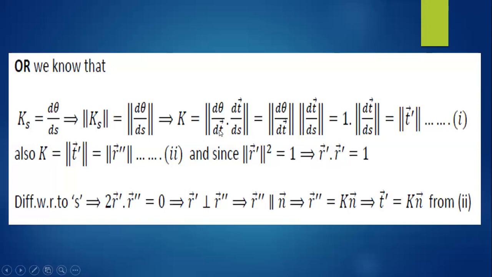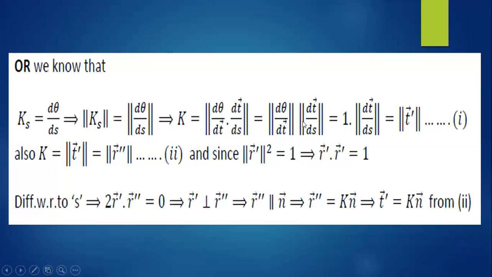So this chain rule gives dθ/dt times dt/ds, and dθ/dt is equal to 1, and we remain with dt/ds.